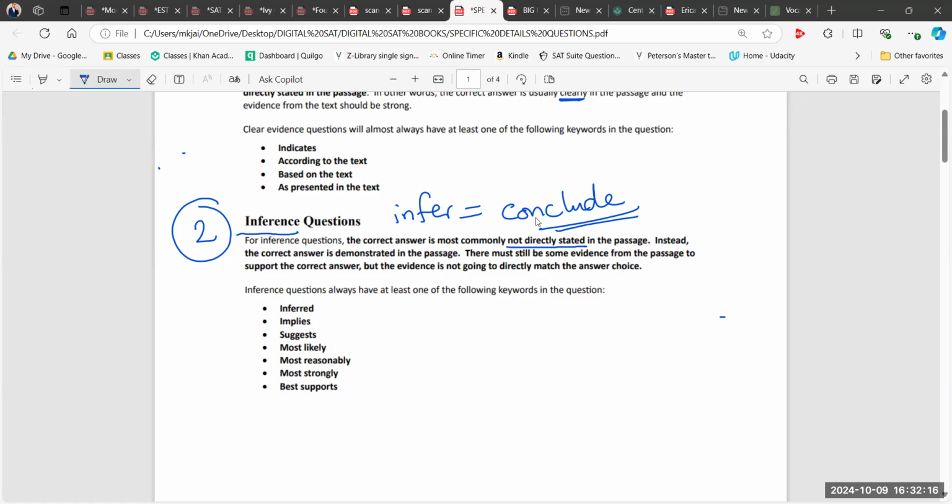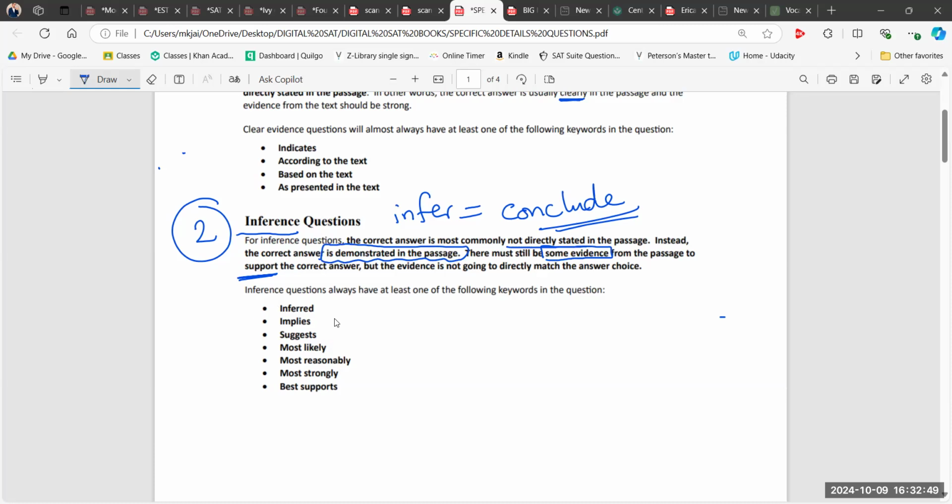There must be evidence, but it's not as clear as the other type of question. So that's why we call it inference. The correct answer is most commonly not directly stated. Instead, yes, Mariam? The correct answer is demonstrated in the passage. There will be some evidence to support the correct choice.